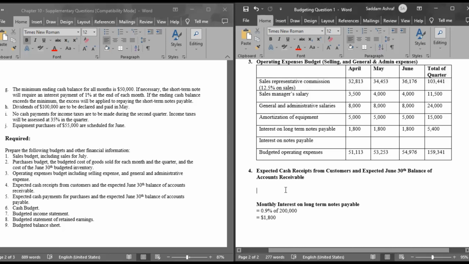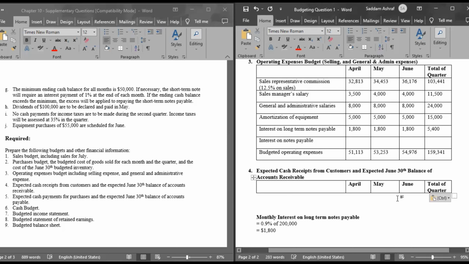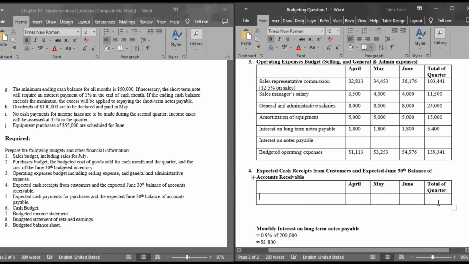We need to calculate all these values for all months and the quarter as well. So we are using the same format we have used so far in our previous budgets.